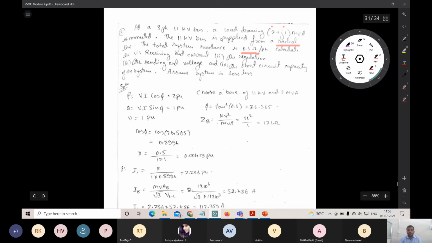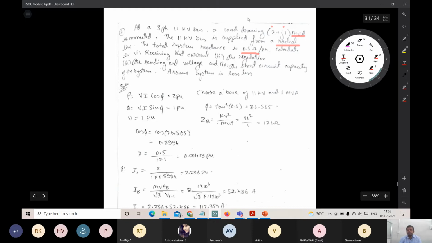So first and foremost, we have to calculate real power and reactive power. For that, he has given the load drawing 2 plus J1 MVA.